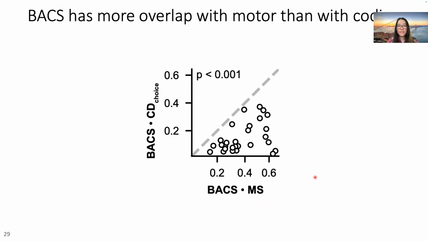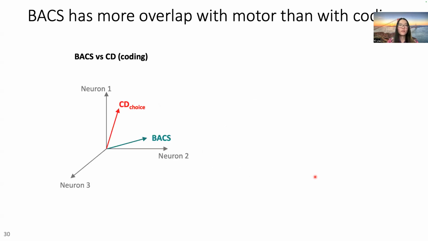But since BACS maximizes correlation, we also want to see how correlation is affected by coding or motor. So let's take BACS and CD as an example to see how correlation along BACS is affected by coding. We first calculate the CD choice within the neural activity space.